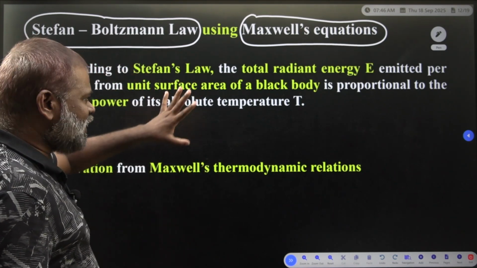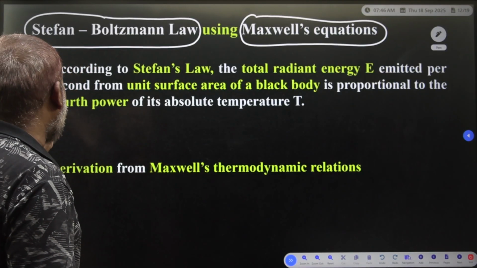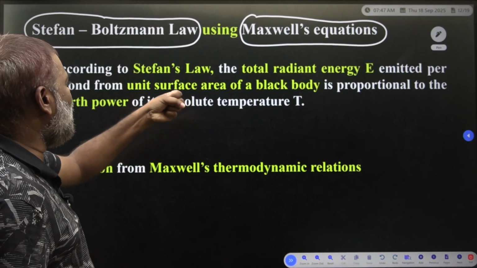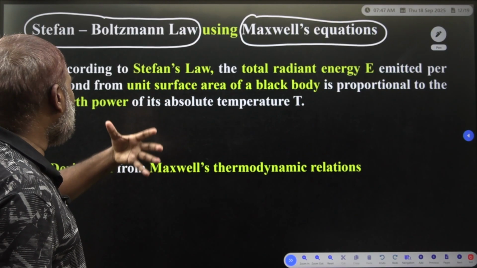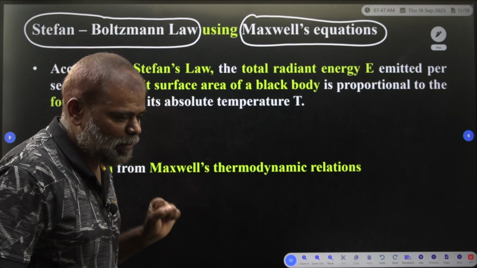According to Stefan's law, the total radiant energy E emitted per second from unit surface area of a black body is proportional to the fourth power of its absolute temperature.